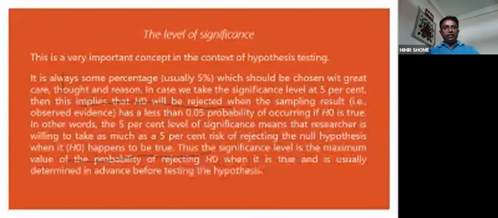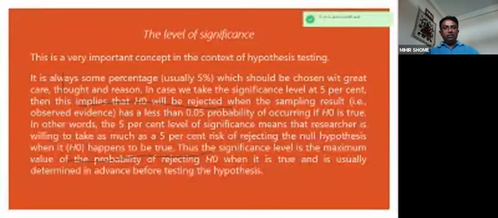In case we take the significance level at 5%, then this implies that H0 will be rejected when the sampling result, that is, the observed evidence, has a less than 0.05 probability of occurring if H0 is true.